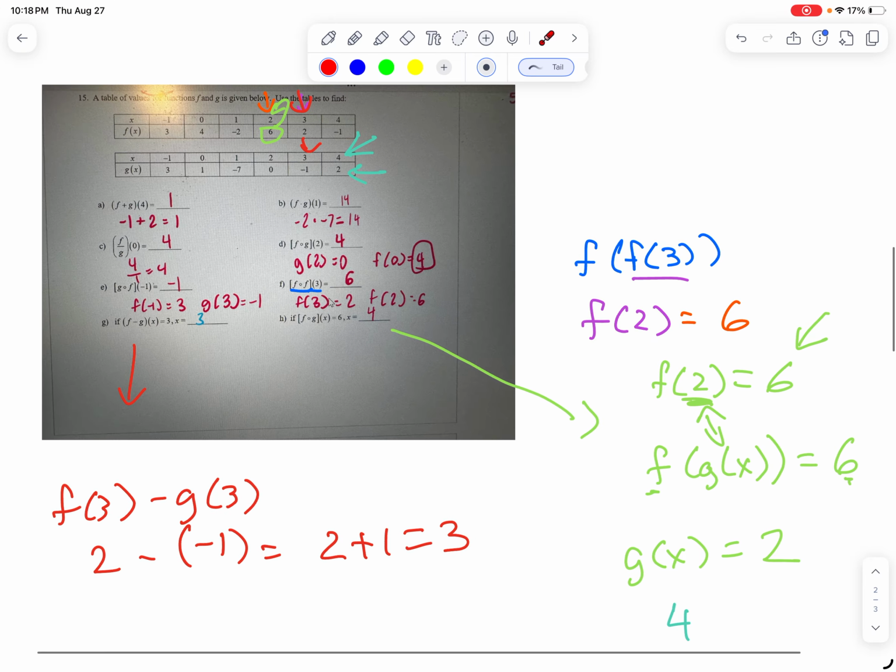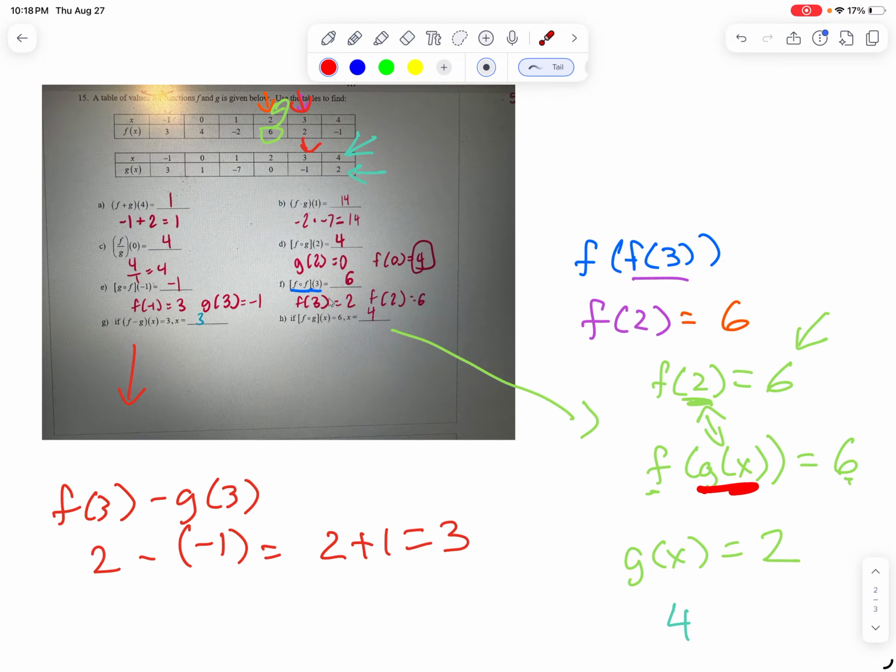So what we're doing is we're looking at the y, and we're saying, what value of f is 6? Well, we know when f of x is 6, it's when x is 2. So that means this value must be 2. So you're looking at the y value to find the x value. And so that tells me that we have f of 2 is 6.